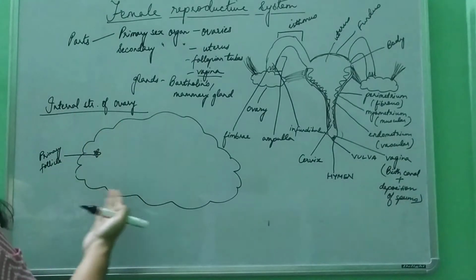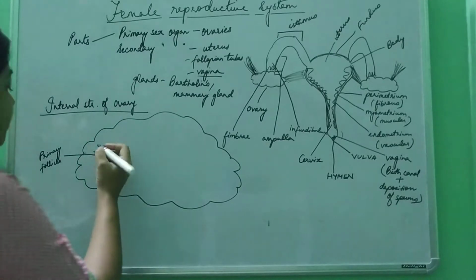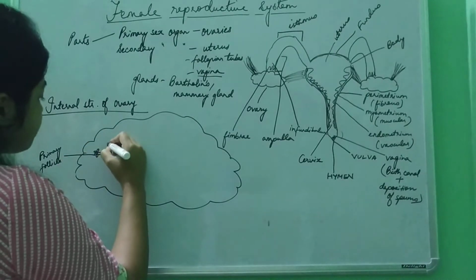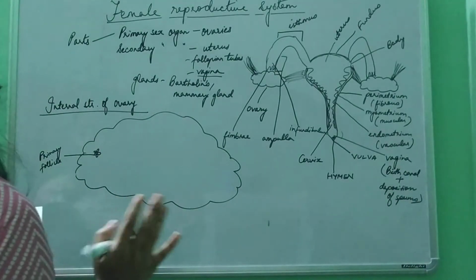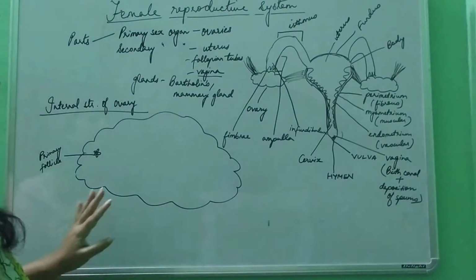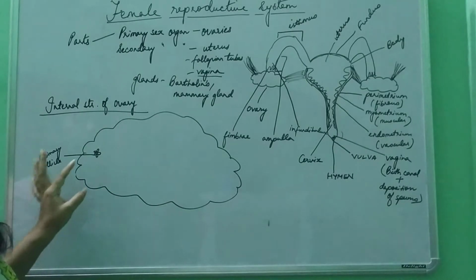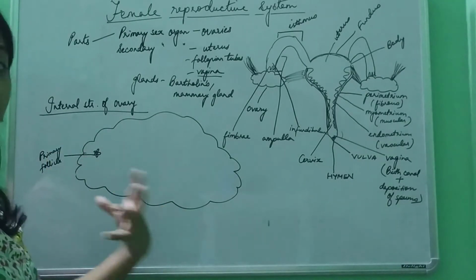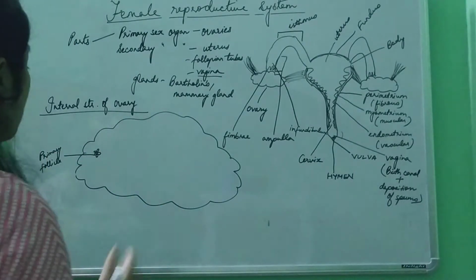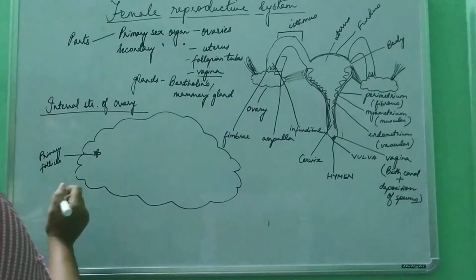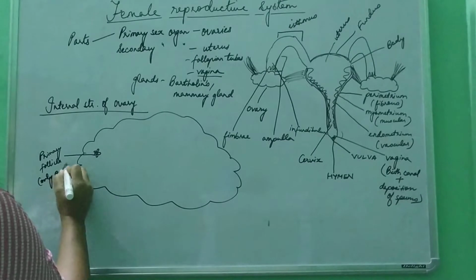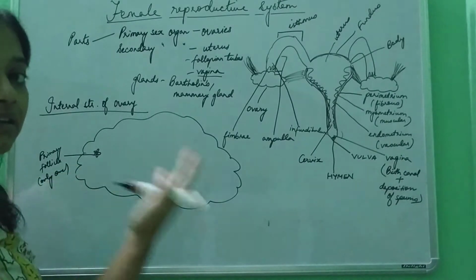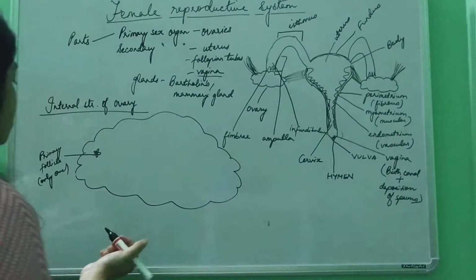As time passes, every month one primary follicle will grow. Okay, a number of primary follicles are formed, but only one primary follicle will grow every month, not all, to become the secondary oocyte which helps in fertilization.